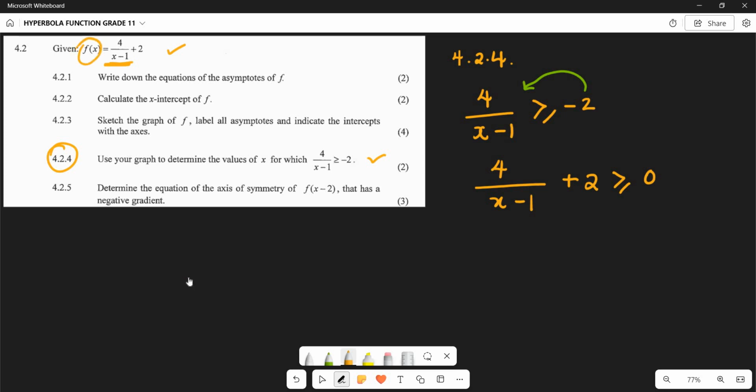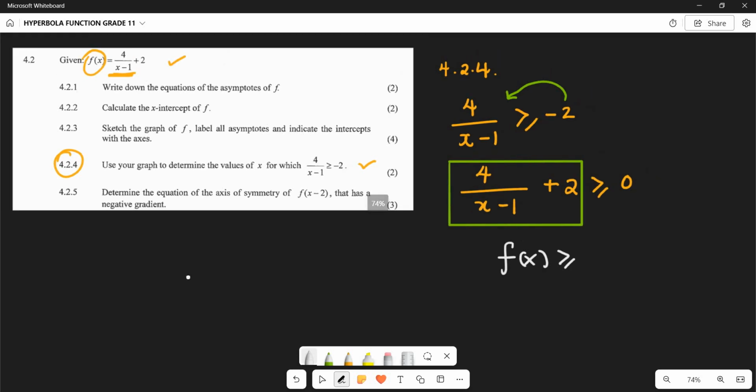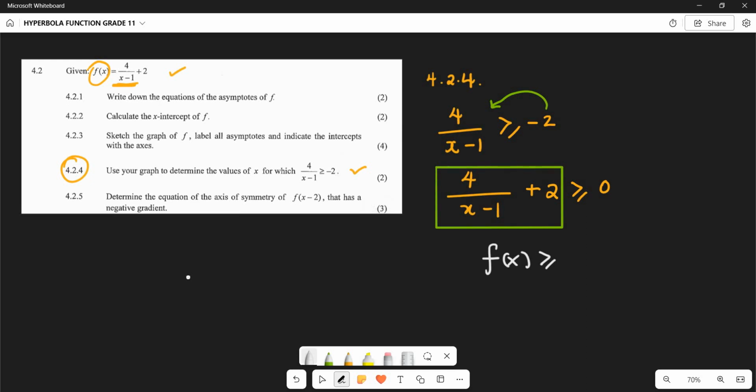So this whole expression here is our f of x. So f of x is now greater than or equal to 0.